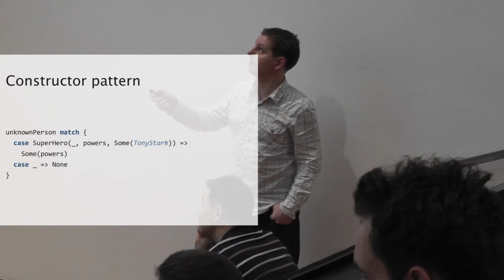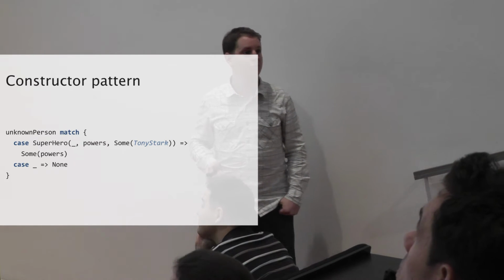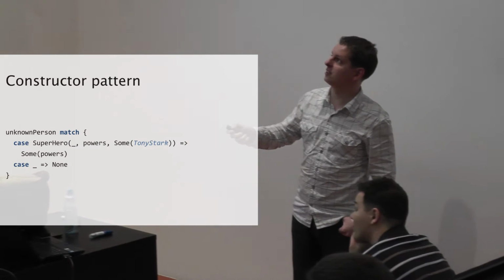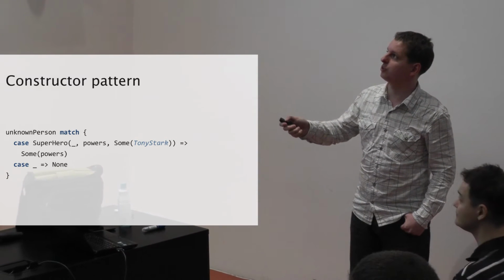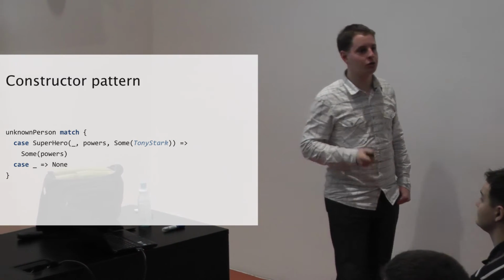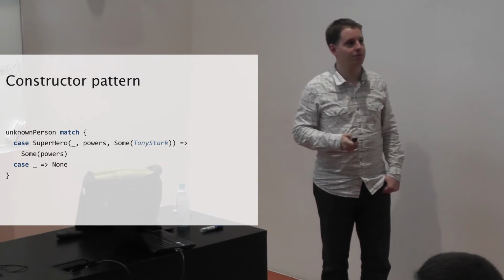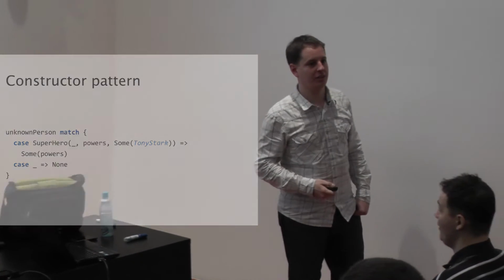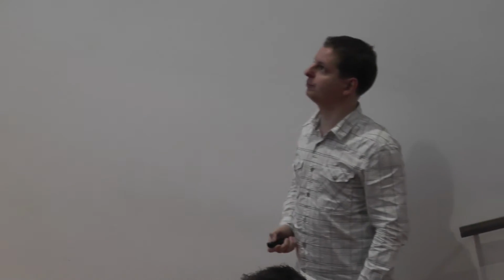And if all these conditions hold, then the branch matches and we get some powers. Otherwise, we get none. So this is constructor pattern. This is how the patterns nest to each other. You can nest it to any depth and level. So, did you get constructor pattern? Yes. Cool.